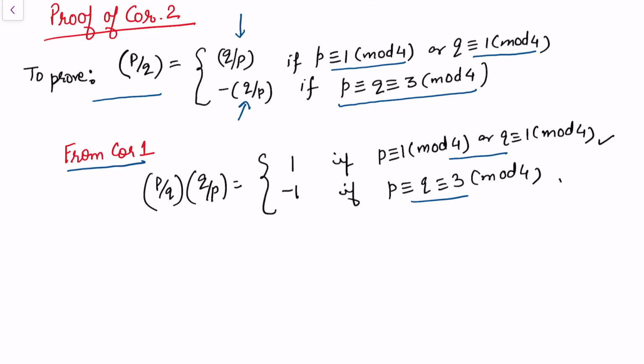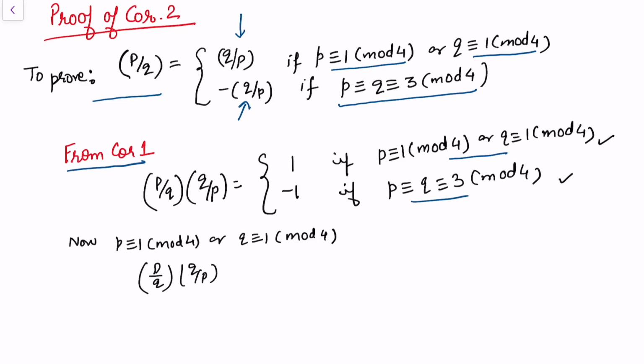Now consider these two cases. p is congruent to 1 modulo 4 or q is congruent to 1 modulo 4. In this case, we have taken that p by q multiplied by q by p is equal to 1. So that's what is given here. Multiply both sides by the Legendre symbol q by p. So this will become q by p whole square, and on the right hand side this will become q by p.